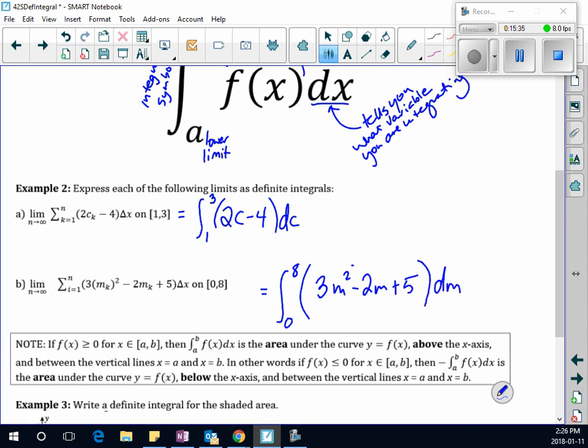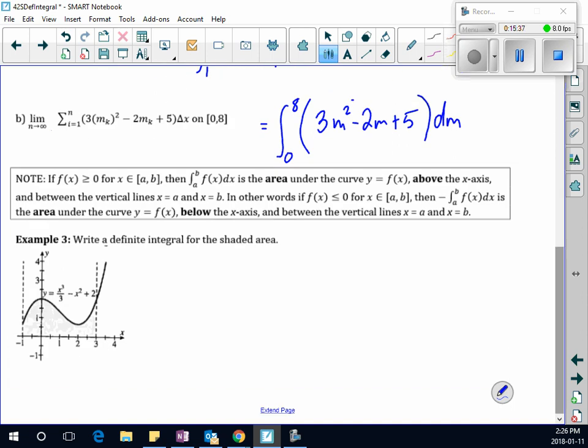All right. So note, if the function is above 0, so the heights are positive, then the integral from a to b is the area under the curve of f of x above the x-axis and between the vertical lines x equals a and x equals b.